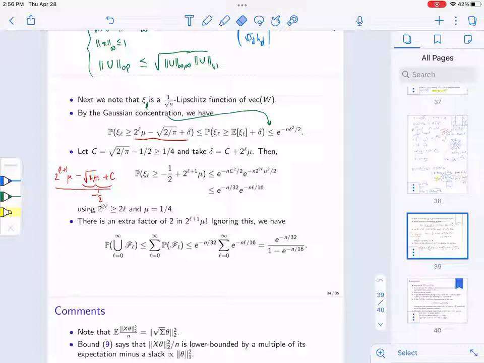And then I also have to plug in delta here. You can see you get negative n times C squared over 2. What I'm doing here is e to the negative n times (C plus 2L mu) squared over 2.